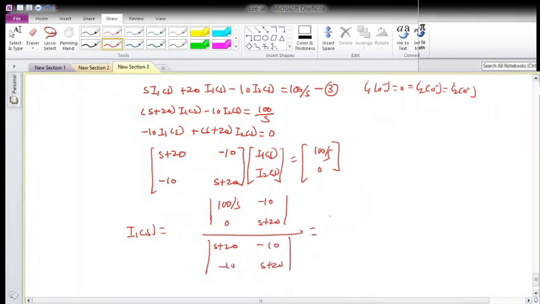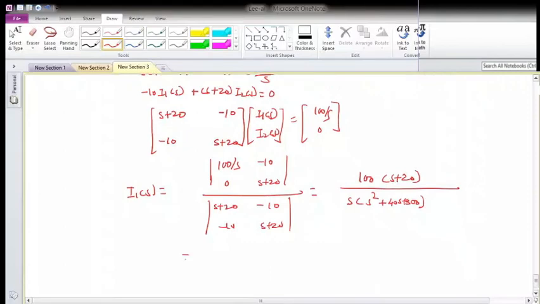Using Cramer's rule, you know that, which comes out to be 100 into, this is my solution, you can check it out, s into (s² + 40s + 300). This is 100 into (s + 20) over s, and fortunately the roots are now simple: s + 10 and s + 30.